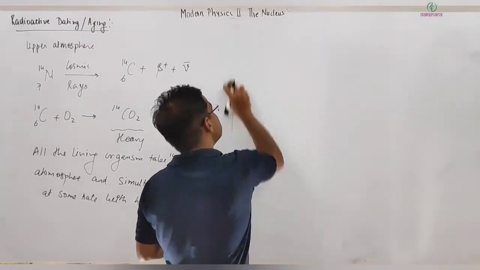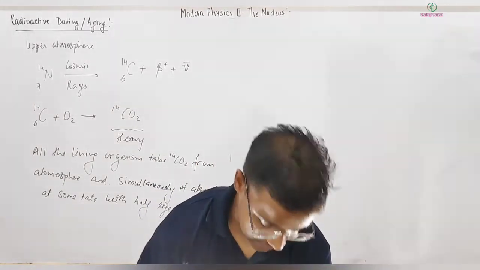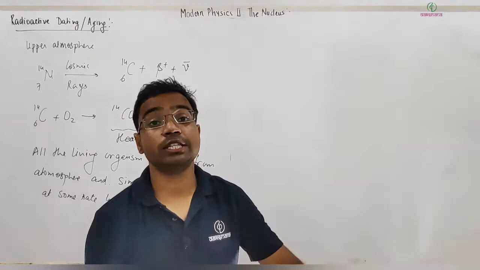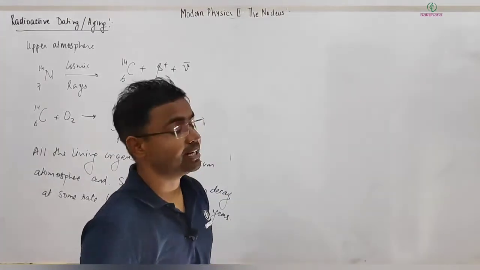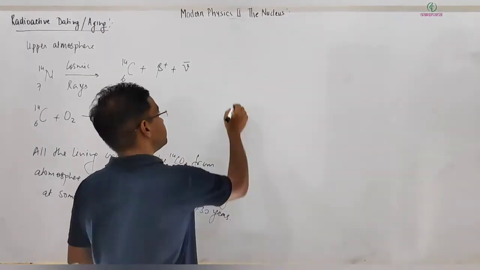by this time you must be clear how the carbon 14 versus carbon 12 ratio, or number of atoms, is maintained constant in living beings. That should be clear to you up to now.